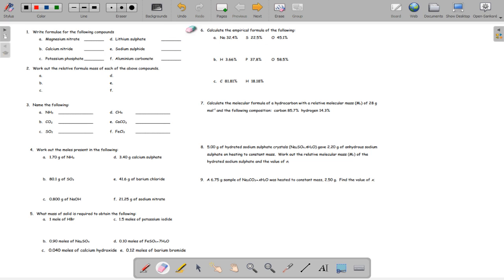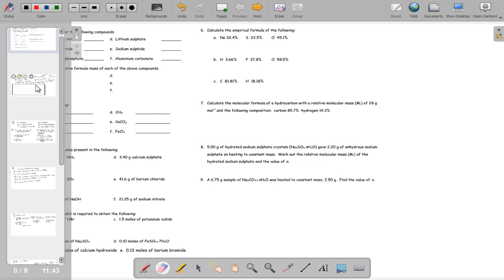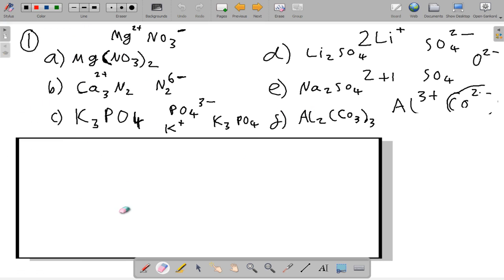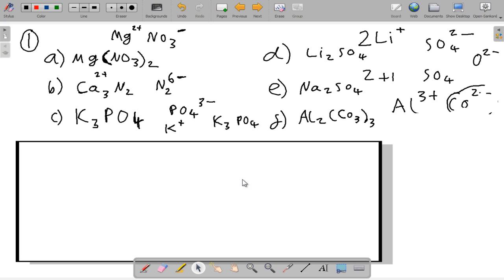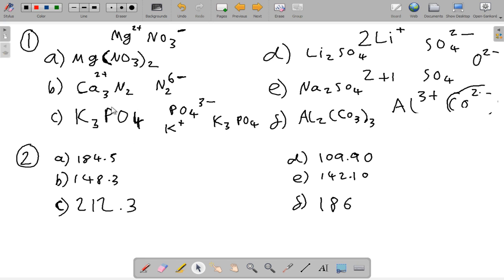Okay, so the relative molecular masses for these, for A, magnesium nitrate is 184.5, calcium nitride 148.3, potassium phosphate 212.3, lithium sulfate 109.9.